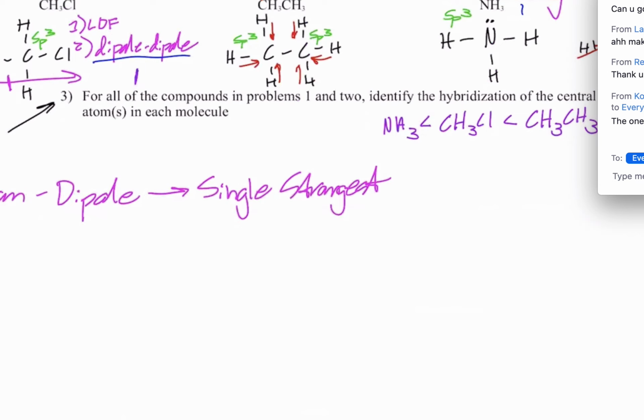So let's talk about what's actually happening. So first off, the word ion dipole means we have an attraction between an ion and some kind of polar molecule, right? So ion with a polar molecule.